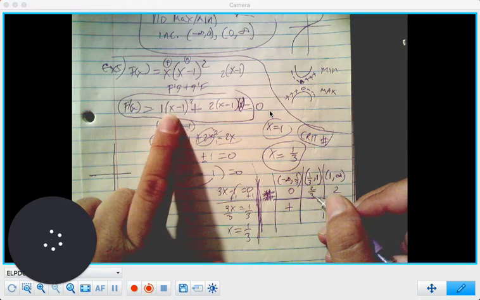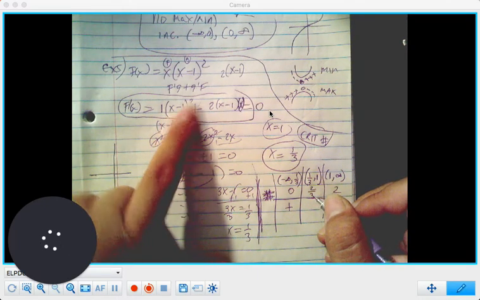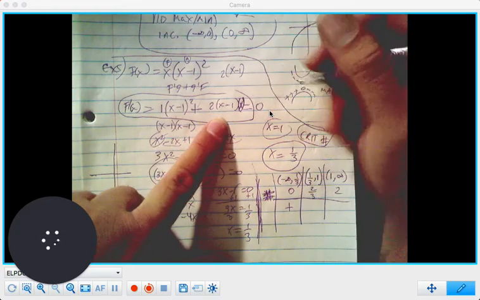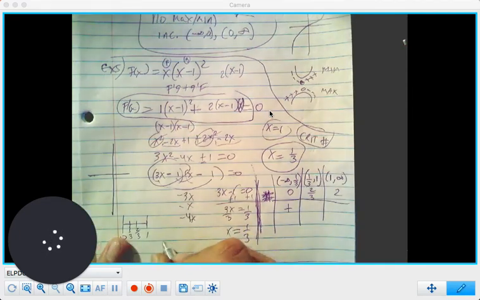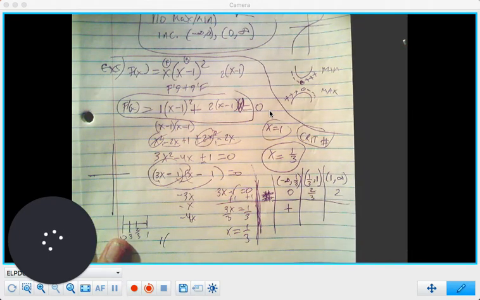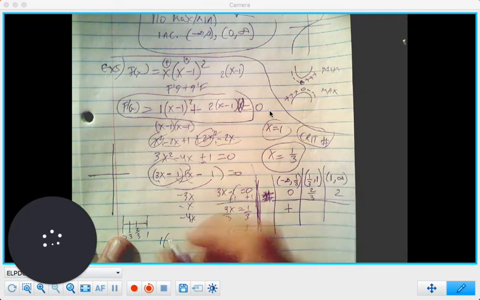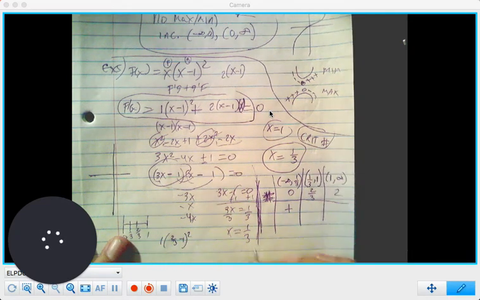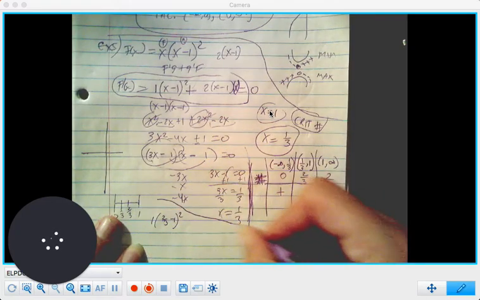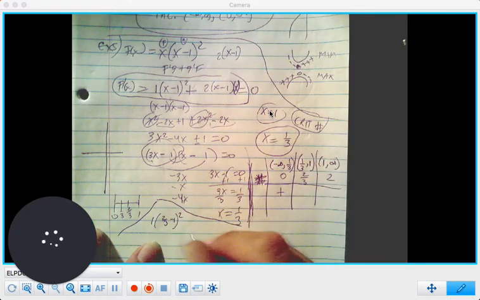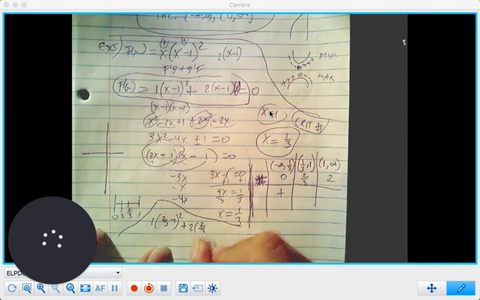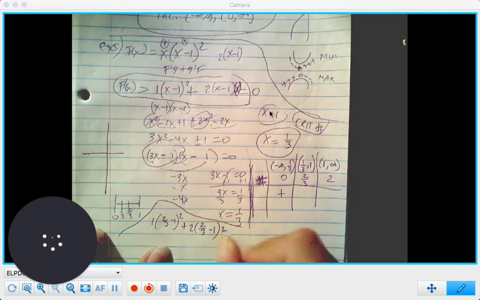If you plug in 2/3 here, you get a negative, but squared that's still positive. Let me do it here: 2/3 minus 1, squared, plus 2, and then 2/3 minus 1 times 2/3.